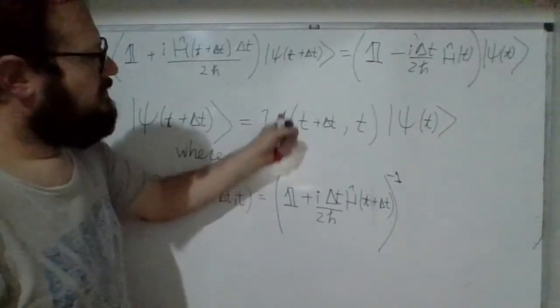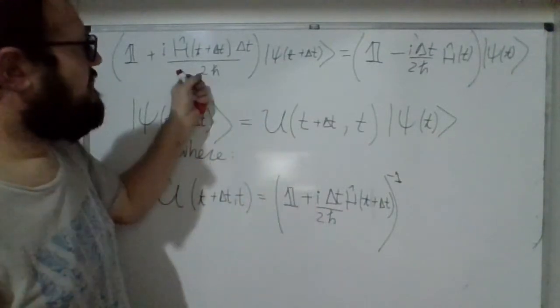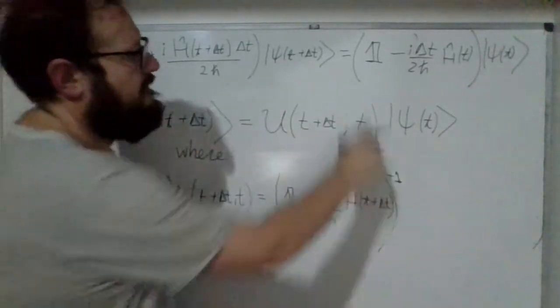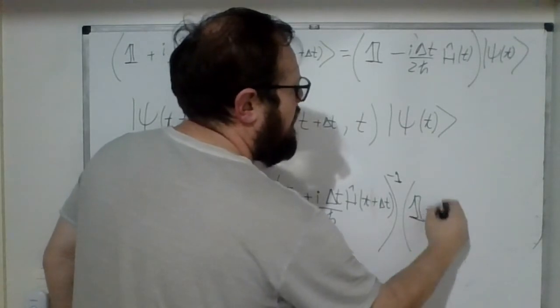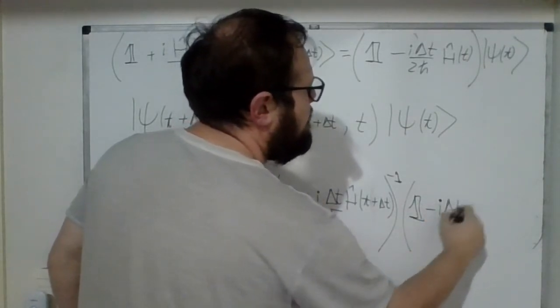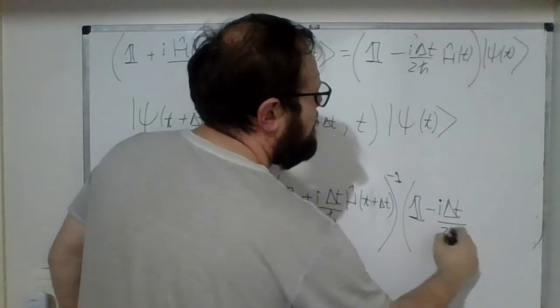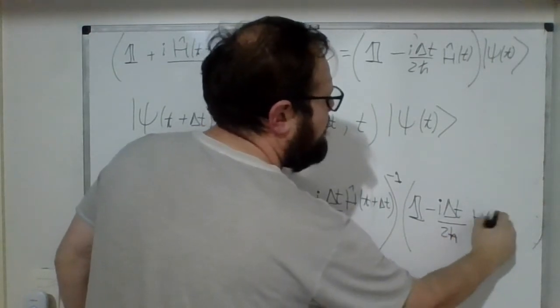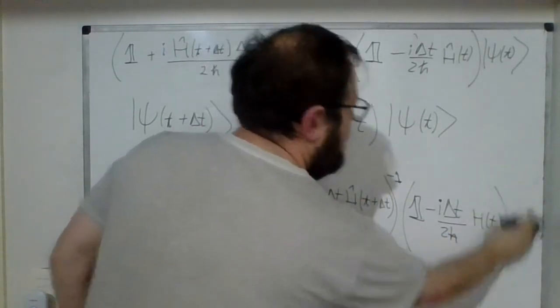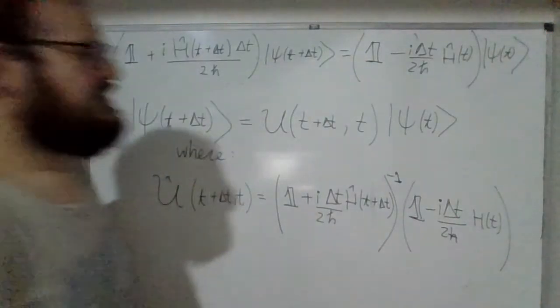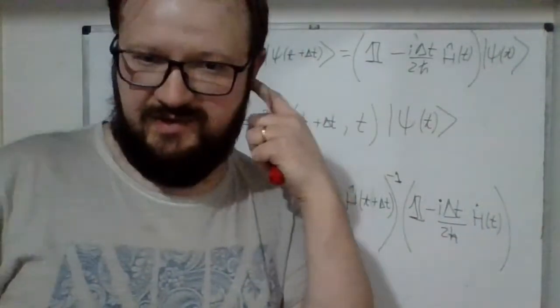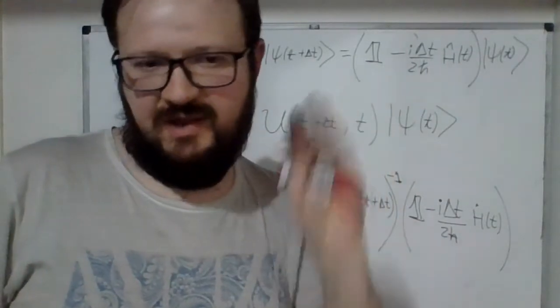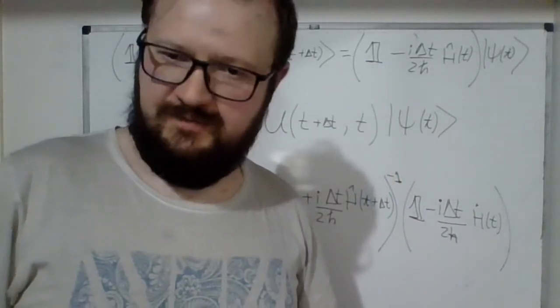And now the evolution operator is this thing inverse times this thing here, 1 minus i delta t divided by twice the h bar, and the Hamiltonian evaluated at time t. Suppose the Hamiltonian is time independent, but your initial state is not an eigenstate of the Hamiltonian.